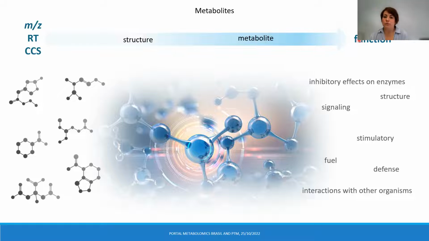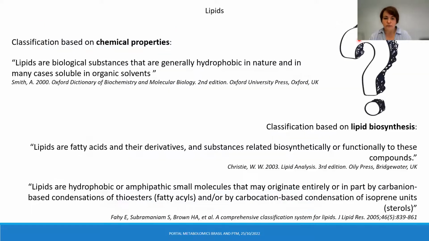And based on those information, we can later connect observed changes on the level of metabolites or lipids to the phenotypic changes that we observe in a given disease or disorder.